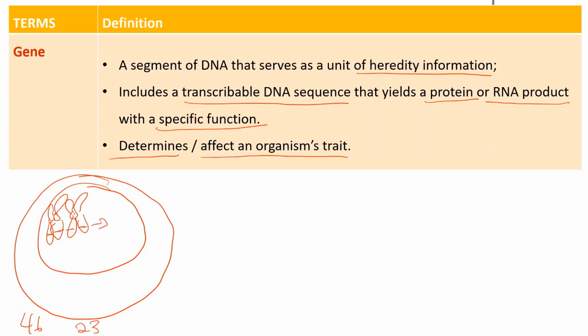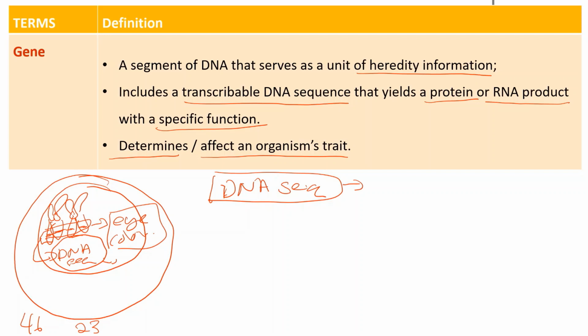For example, eye color. In order for this eye color to be expressed, the DNA segment in this area, which we call a gene, consists of a DNA sequence. The information within this DNA sequence will be used to produce mRNA. So the DNA sequence, which is the information for the gene that codes for eye color, is used to synthesize mRNA.